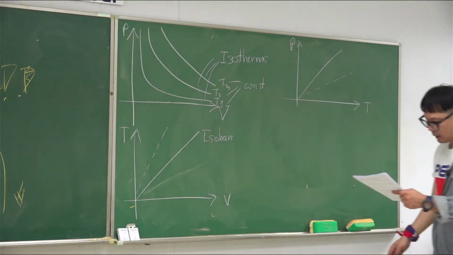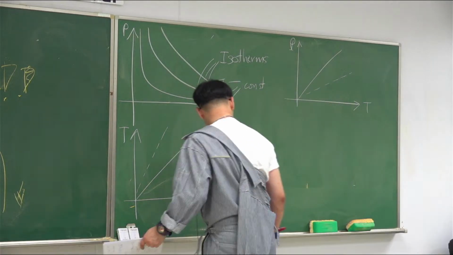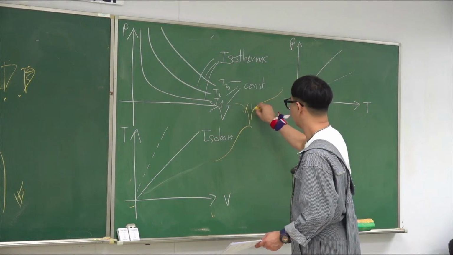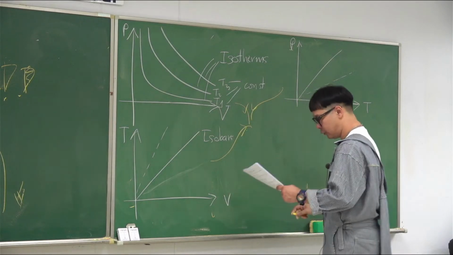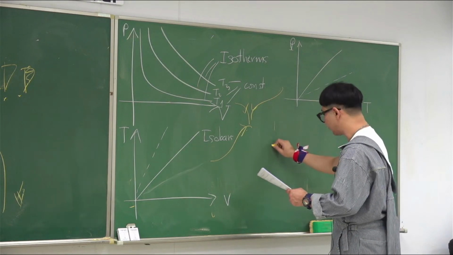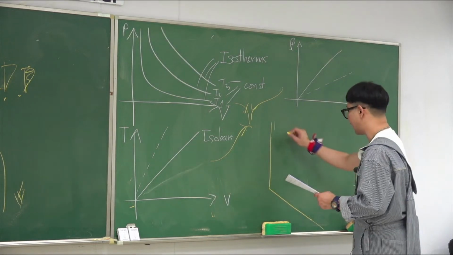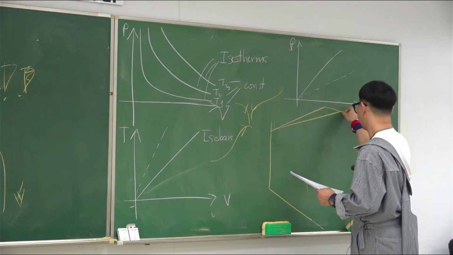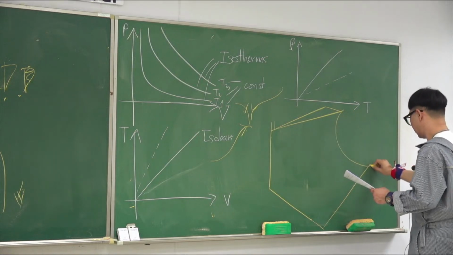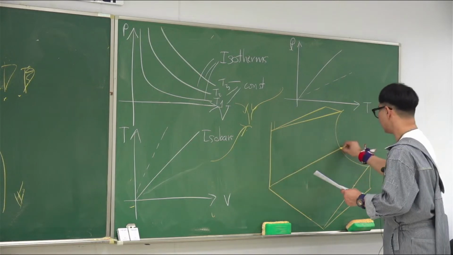Okay. And so if you put this 2D graph together, you're going to have this. I think you've seen this before. This graph I probably drew already in the previous class.